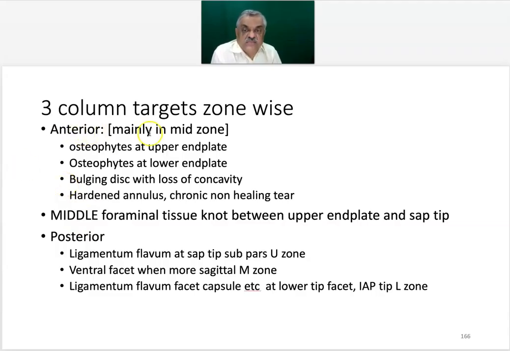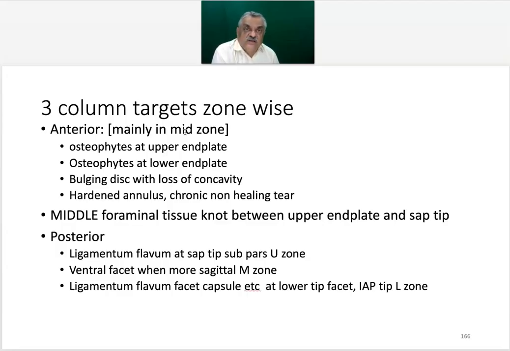Anteriorly, the causes are mainly in the middle zone, where it is osteophyte at the upper end plate of the disc, lower end plate of the disc, bulging disc with loss of concavity, hardened annulus and chronic non-healing ulcer with a trapped fragment.